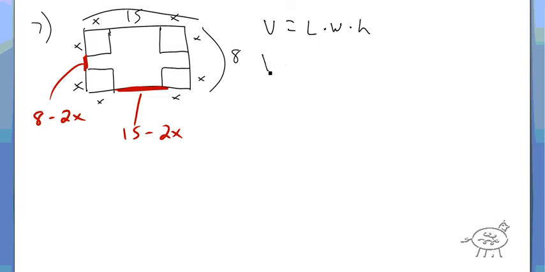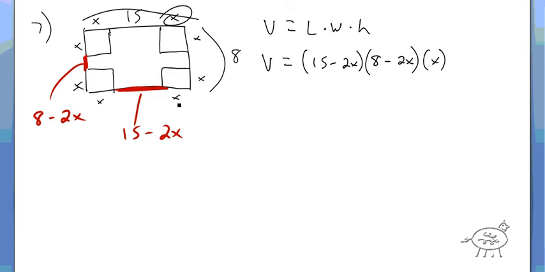So the volume of this one is going to be the length is 15 minus 2x, and the width is going to be 8 minus 2x, and the height is going to be x, right? Because when you fold that up, this distance right here is going to fold up to be an x height if I fold all those up. That's pretty important to understand.